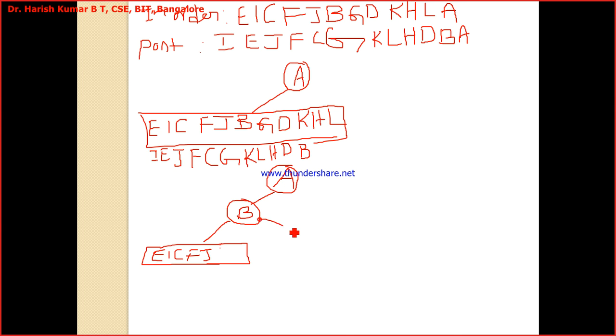And similarly, we have the nodes which are towards the right side of B, except A, because A has already taken its position here.